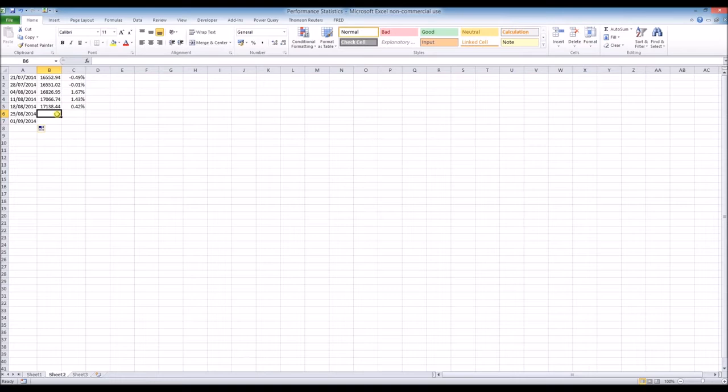But as far as recording the performance goes, so the returns of the portfolio, what we're going to do is on the 25th, we're going to record the total portfolio margin before the capital inflow. So I'm going to make up a number here, 17,200, and record the returns value for that week as standard.